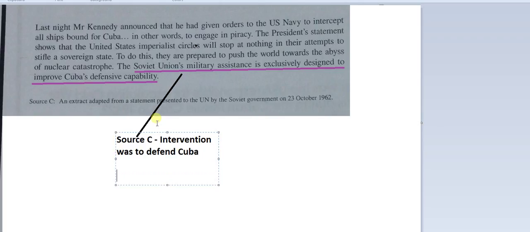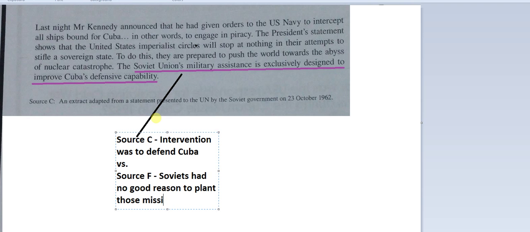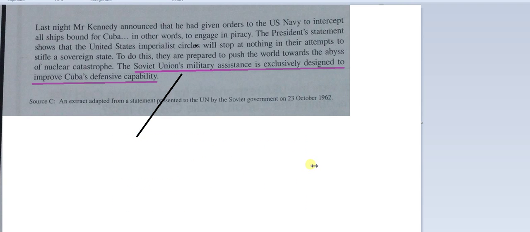But when you compare to source F, source F says that the Soviets had no plausible reason, no good reason, to plant those missiles. So essentially there is a tremendous, very obvious contradiction between these two sources.